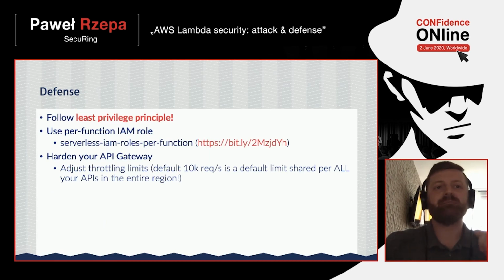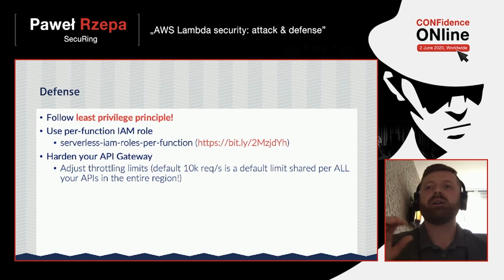And the next interesting thing is the API gateway, which is very often used in serverless applications. The thing you have to know is that there are limits in API gateway, and the interesting part is that this limit of 10,000 requests per second is shared across all your APIs in the entire region.